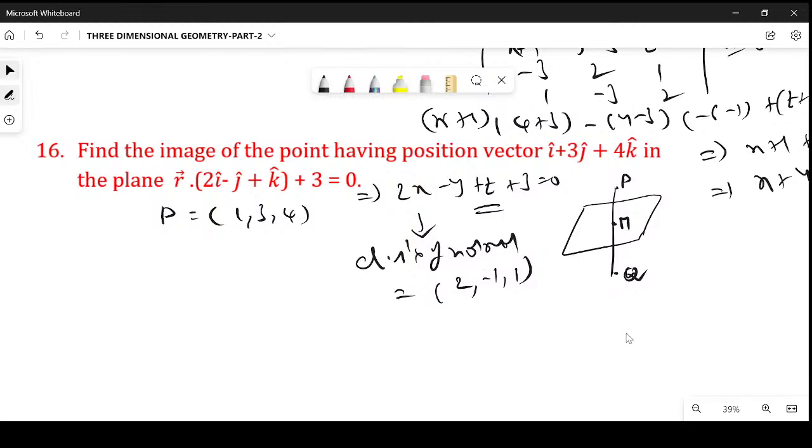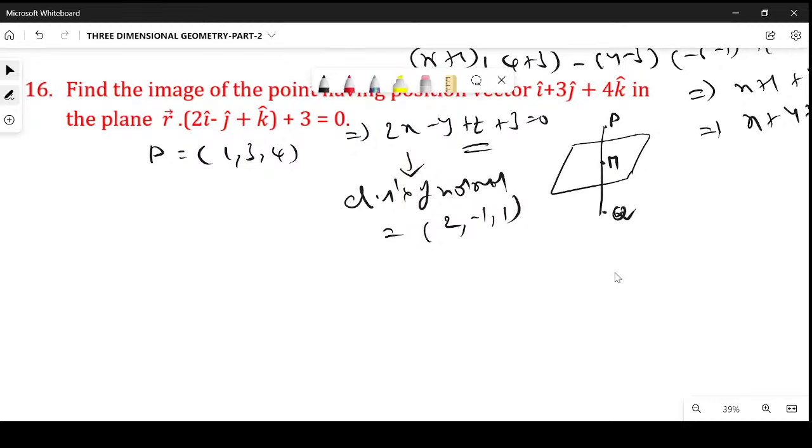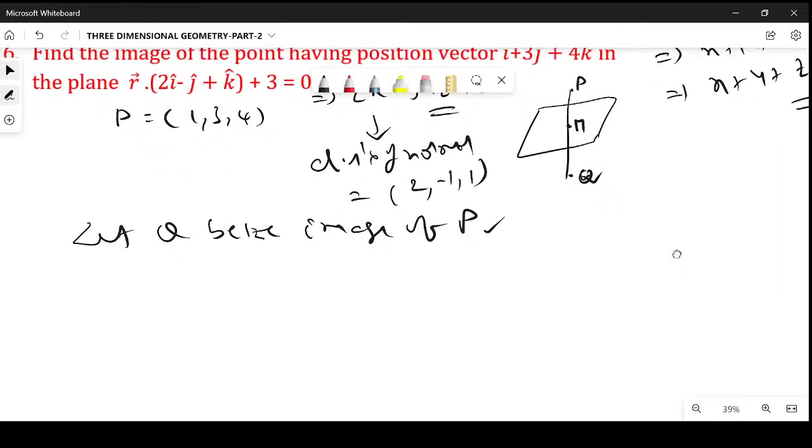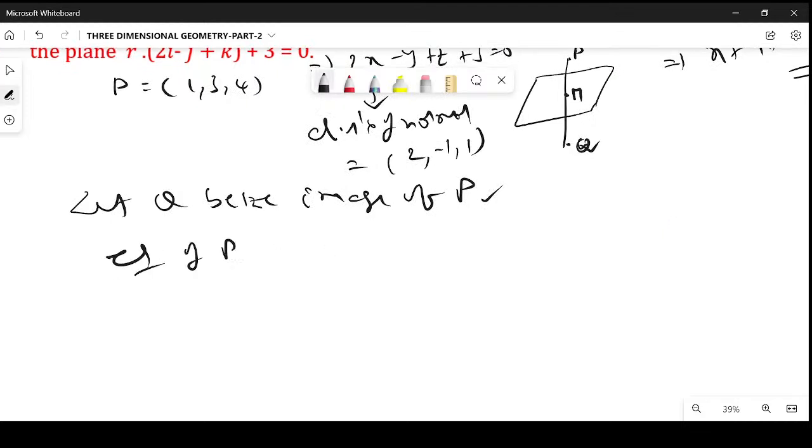Let Q be the image of P. The equation of PQ bar is (x - 1)/2 = (y - 3)/(-1) = (z - 4)/1.